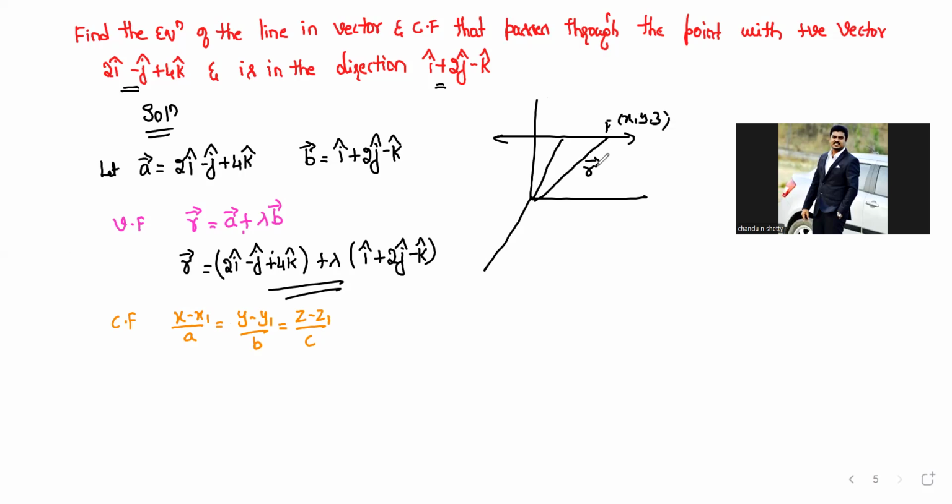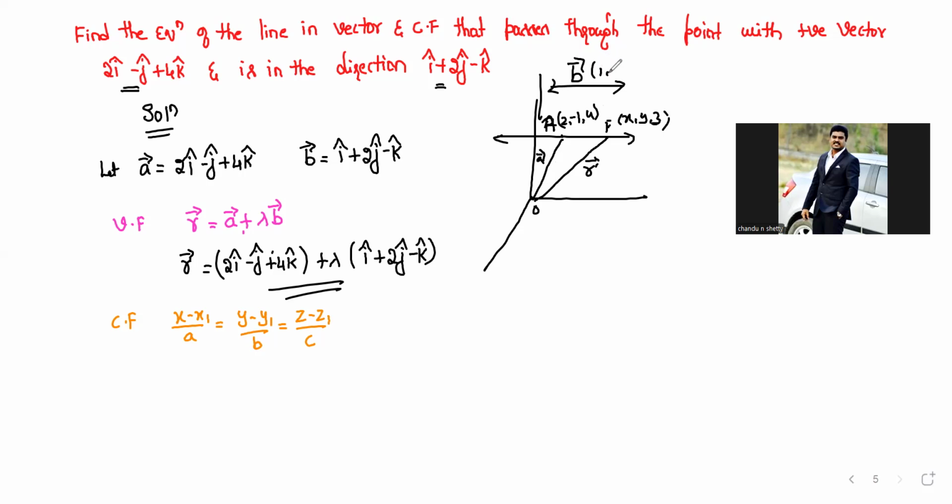The position vector is vector r, and this is P. So the point is (2, minus 1, 4), and again this is the parallel vector b. This diagram is no need to write in the examination, it is just for your reference. Clear, all of you?